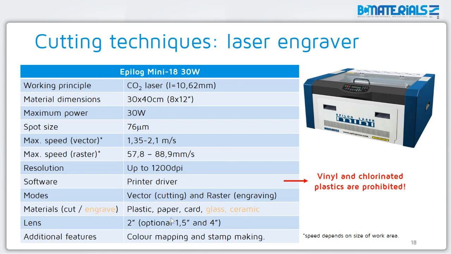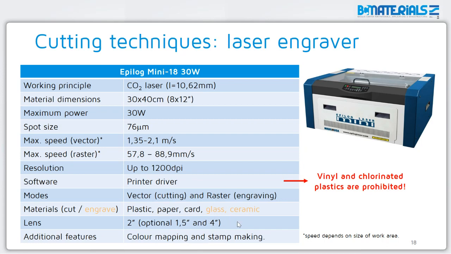Okay, at the moment we have a 2-inch focal distance lens. There's another one that will give you, in principle, higher resolution or narrower cut line, narrower spot size, but we don't have it. We are using the 2-inch lens. And then there's another one in case you want to cut thicker materials.